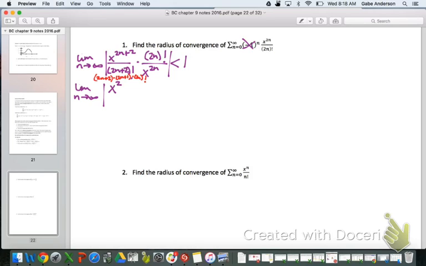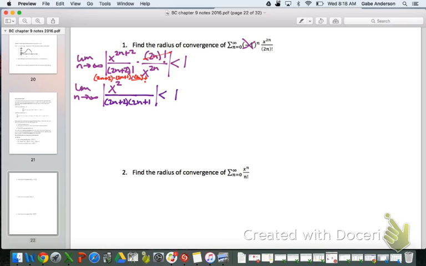And so hopefully you can see that if we did think about it like that, this 2n factorial would cancel with this 2n factorial, leaving me with a denominator of 2n plus 2, 2n plus 1. And again, I'm looking to have this be less than 1.